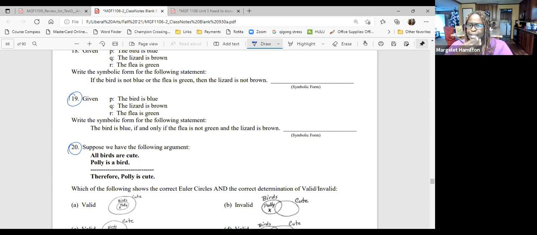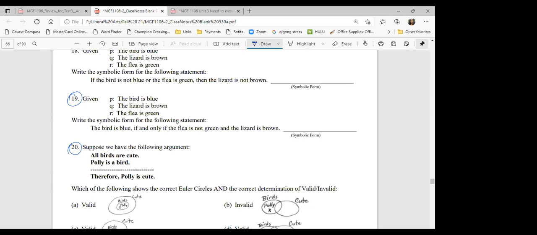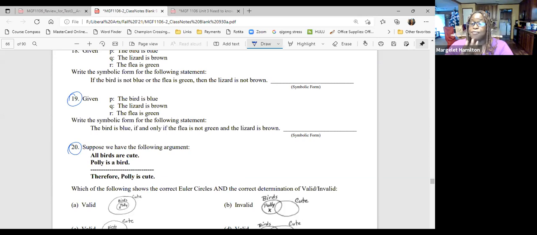Can anybody help her figure out what's missing? Parentheses. Ah, parentheses. And we have to have the parentheses because we have 3 of our letters, right? So we have a P, Q, and an R. When they give you 3 simple statements, parentheses have got to be there somewhere, okay?